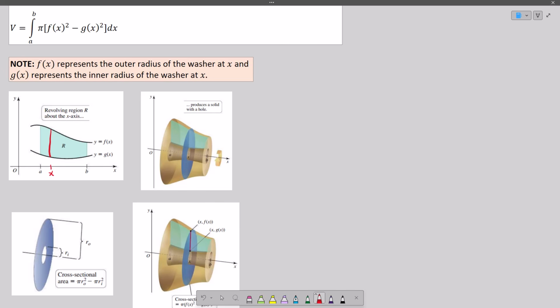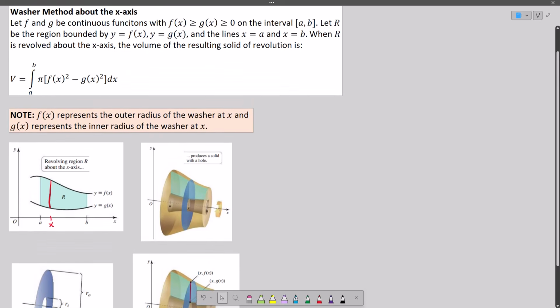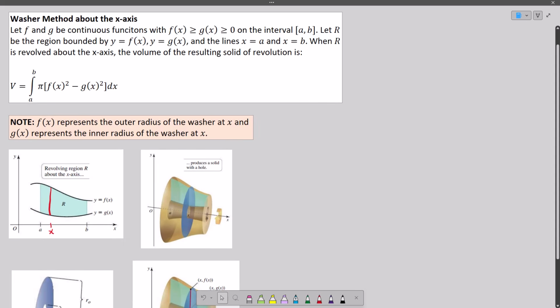And so the important thing in finding the area of a washer is that it's going to look a lot like the area of a disk, because it is. It's the area of a big disk minus the area of a small disk. That little gap is going to have its own radius. So it's going to be pi r squared for the big outside disk, and then pi r squared for the little disk, and we just subtract the two.